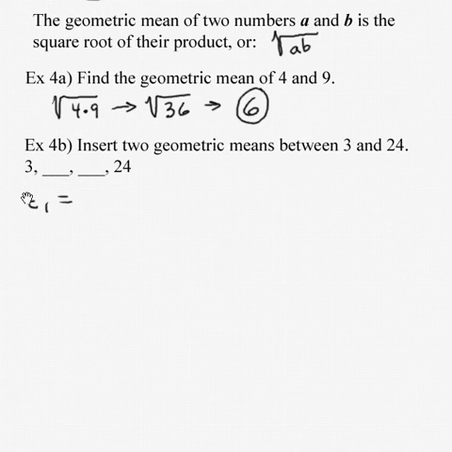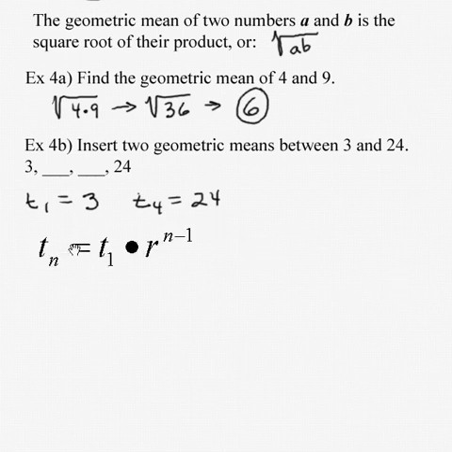So let's start by saying, well, 3 looks like the first term in the sequence. I want to insert two numbers between 3 and 24. So we've got the first term, second term, third term, fourth term. Looks like the fourth term, t sub 4, is 24. With that in mind, let's use the formula. t sub n, the nth term, is equal to t sub 1, the first term, times the common ratio to the number of terms minus 1 power.